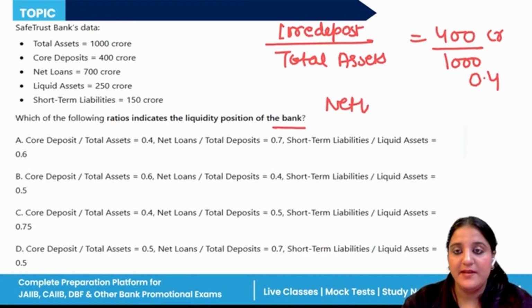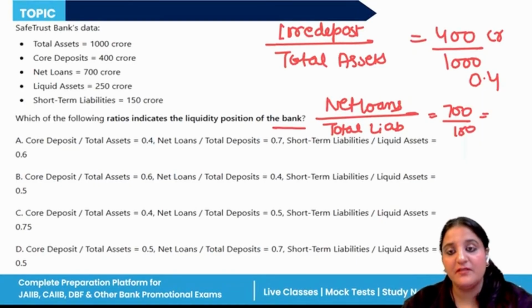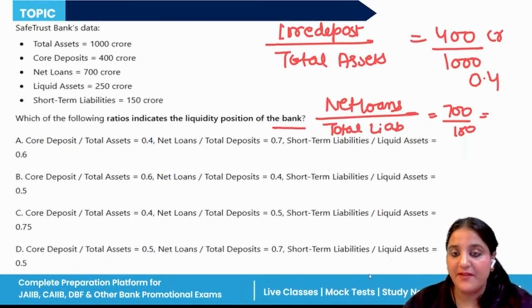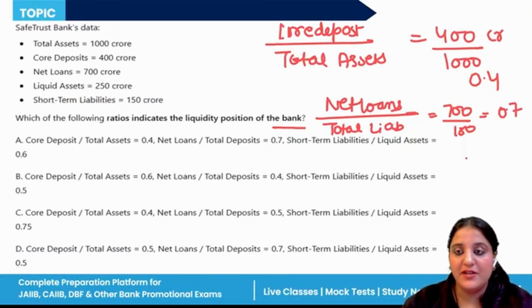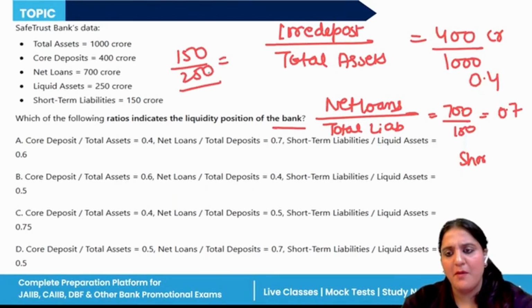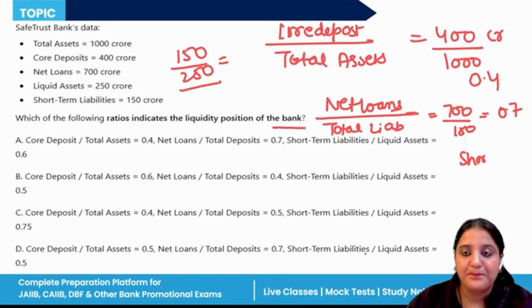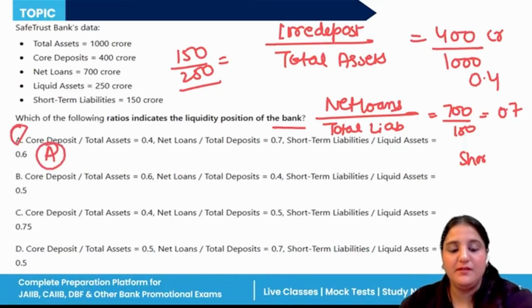Net loans divided by total liabilities, 700 crore by 1000, gives us 0.7. And short-term liabilities divided by liquid assets, 150 crore divided by 250, is near about 0.6, because a lower value indicates better liquidity coverage for immediate obligations. So the correct answer is option A.